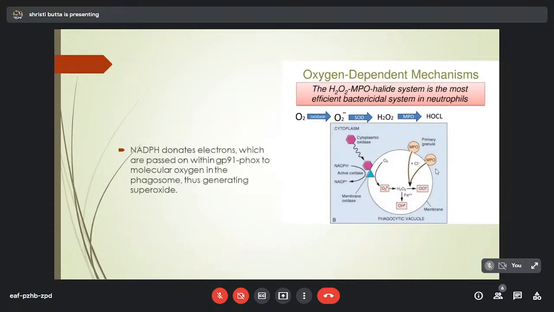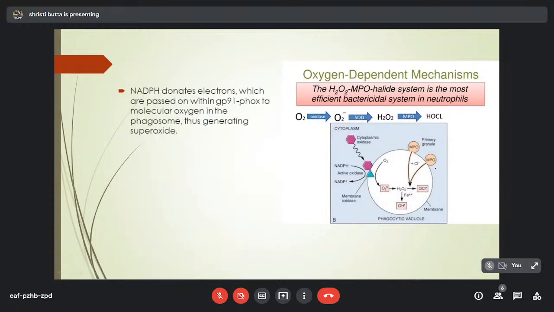Now, what is the function? NADPH donates electrons, which pass within the GP91 FOX to the molecular oxygen. The molecular oxygen accepts the electron donated by the NADPH and generates what is called the superoxide.